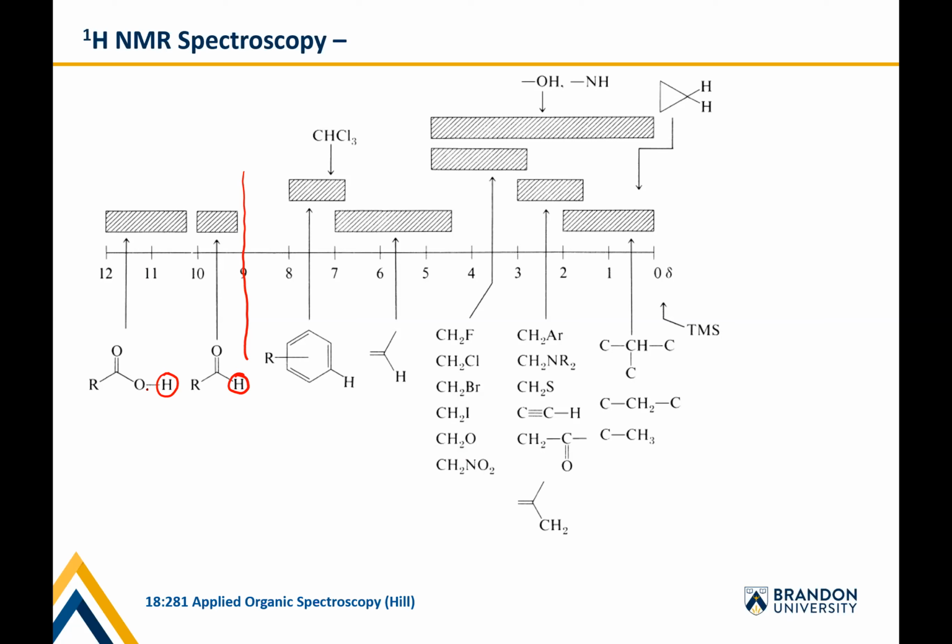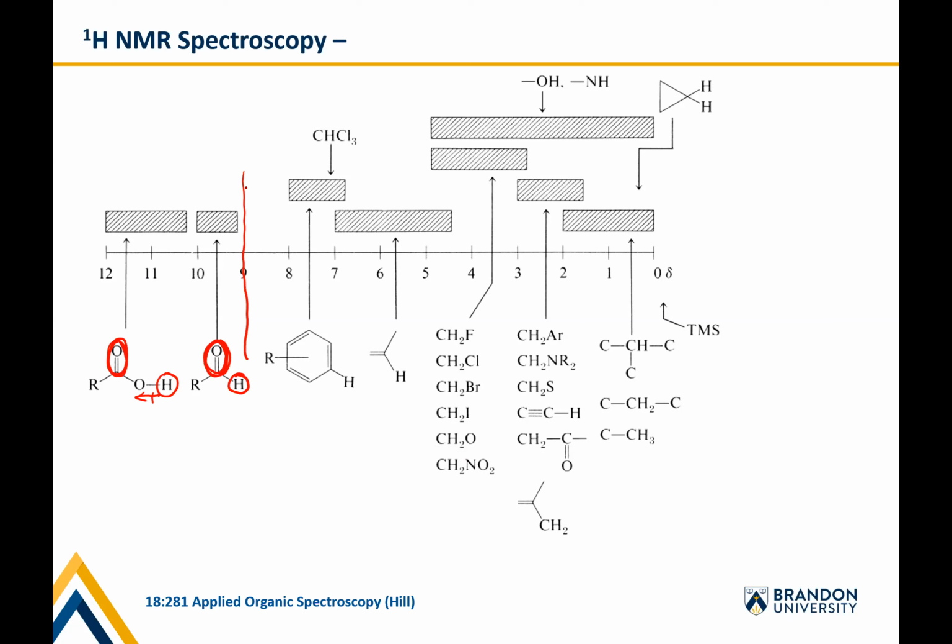In the case of the aldehyde, it's because of the influence of the carbonyl group. With regard to the carboxylic acid, there's two things: the influence of the carbonyl group plus the electron withdrawing nature of that oxygen. So if you see a peak above 9, it's typically either an aldehyde or a carboxylic acid.